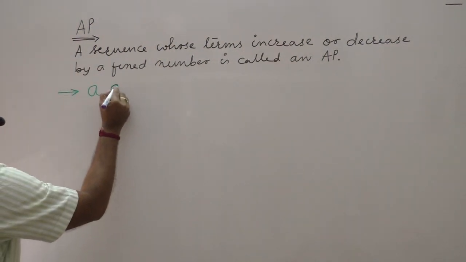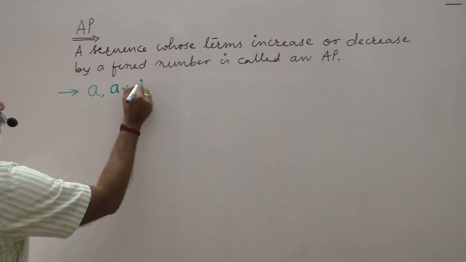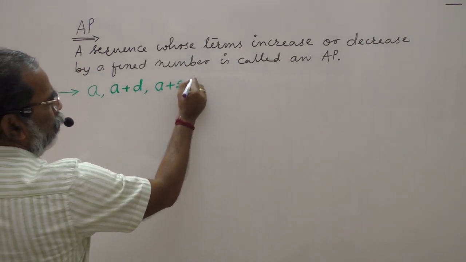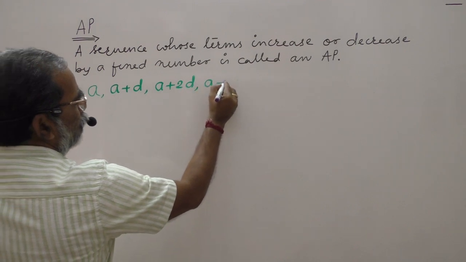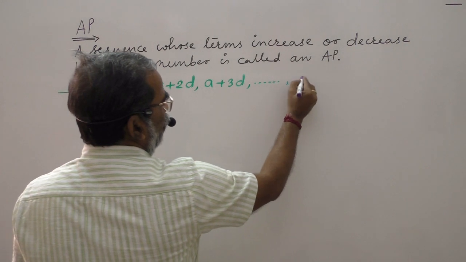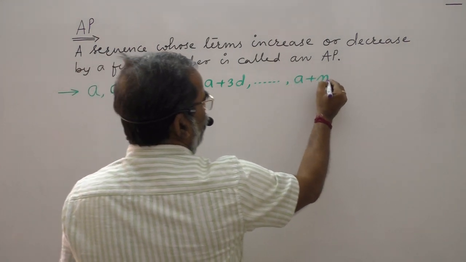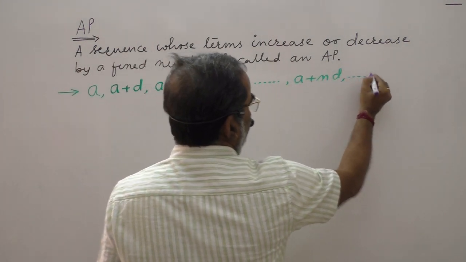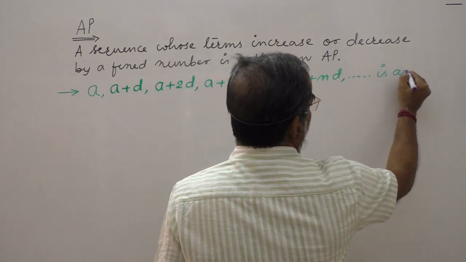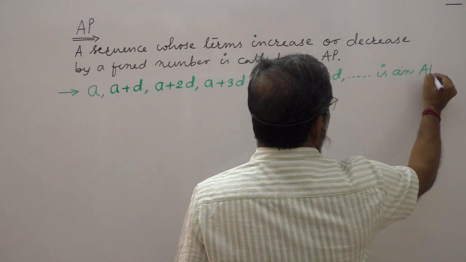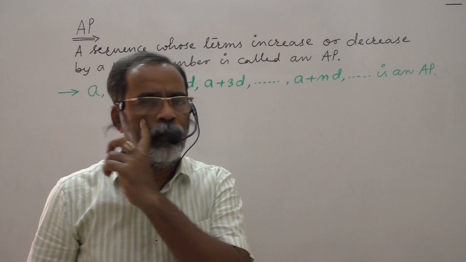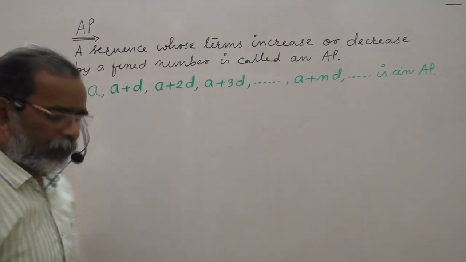For example, if A is the first term, then A plus D, increasing by D, A plus 2D, A plus 3D, A plus 4D, A plus 5D, etc. In between some A plus nD, etc. What is this? This is an AP, arithmetic progression. We take this as the general form of an arithmetic progression.